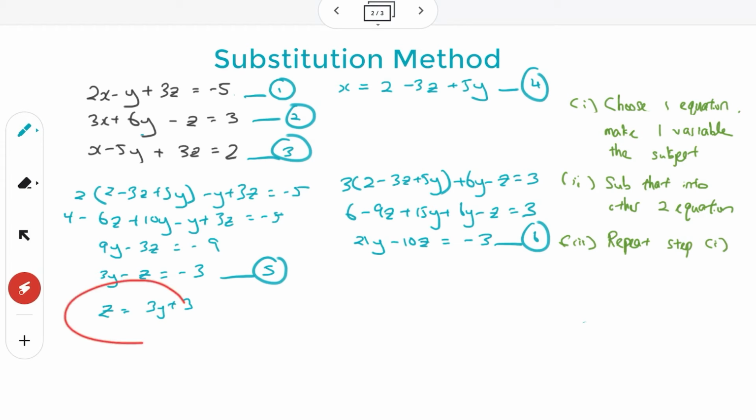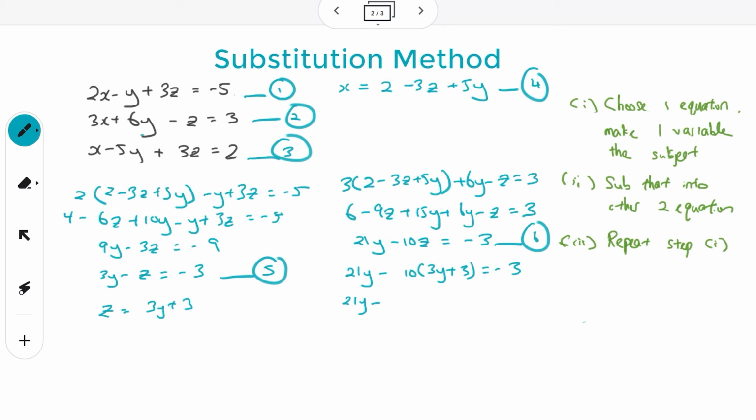And then I'm going to take this and I'm going to sub it in here. And there you have it, y equals negative 3.